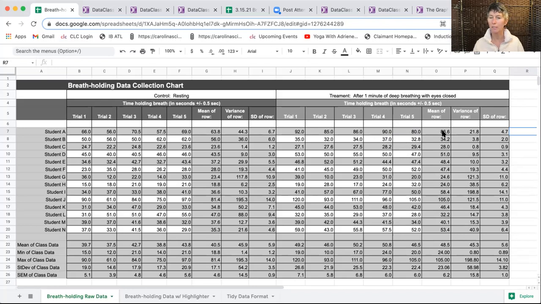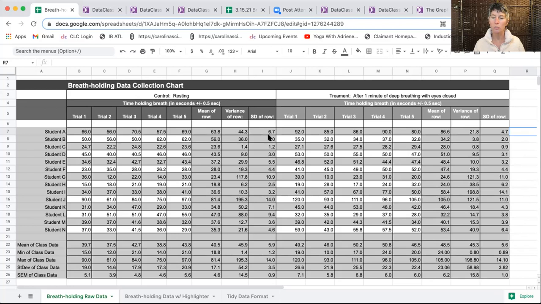What we get is a mean for each row and the standard deviation of each row. And that standard deviation really only applies to this student's data for this set of trials. So these 5 trials have this mean with that standard deviation based on this variance. And you can see that the same student with these 5 trials has a slightly different mean with a different standard deviation.